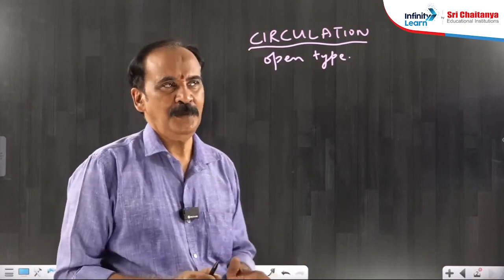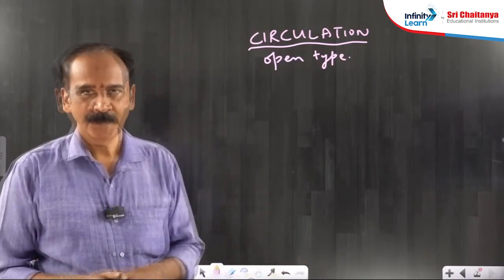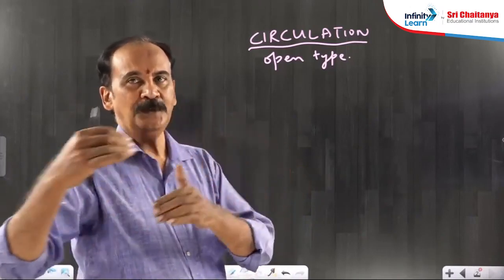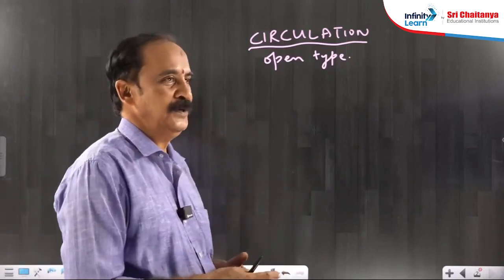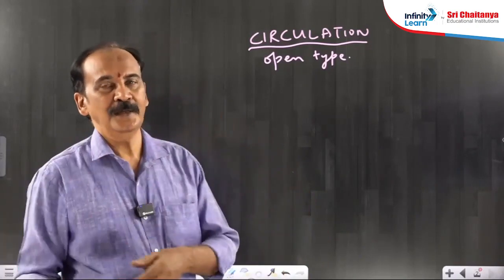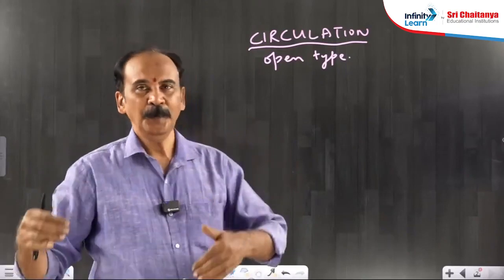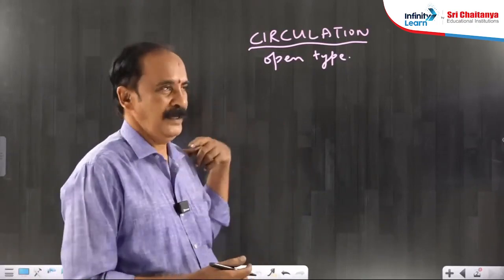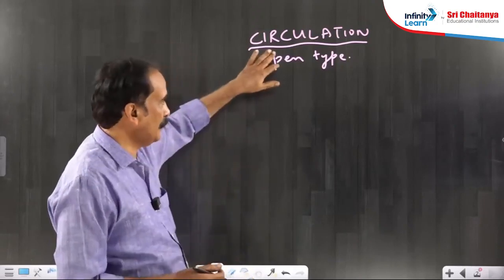Not absence of blood vessels. Blood vessels may be present. In open type of circulation, blood vessels may be present, but blood comes out into the cavities or sinuses. Blood comes out of the blood vessels into the open spaces called sinuses. Then it is said to be open type. So blood vessels are present.